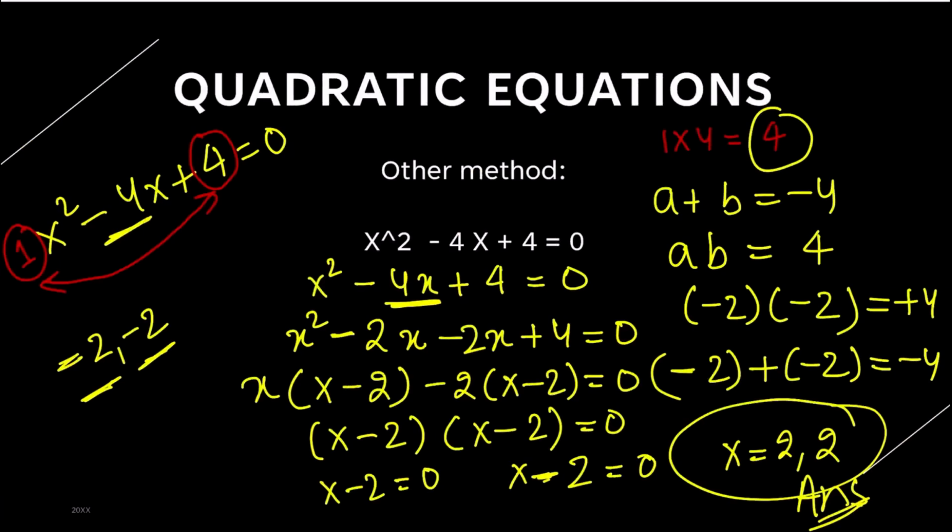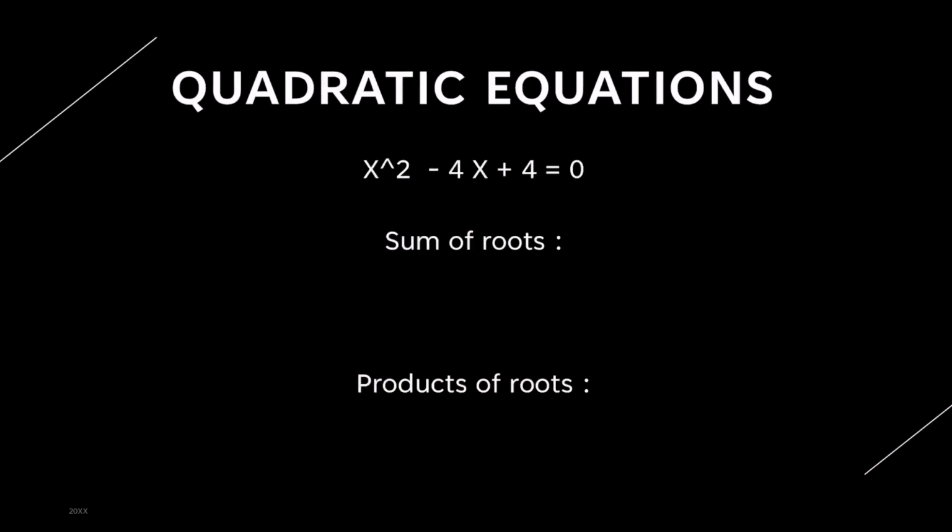These are the two methods of finding roots in the case of a quadratic equation. Okay, continuing, now we know the two roots of the equation, alpha and beta. We have learned till now that ax square plus bx plus c is equal to 0 has two roots, alpha and beta.